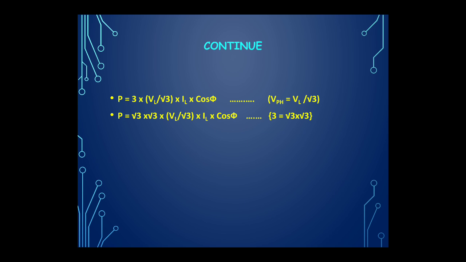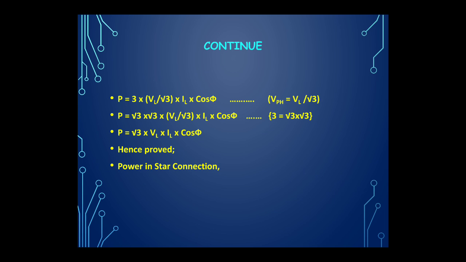Instead of 3 we can write root 3 into root 3, because root 3 into root 3 equals 3. So root 3 into 1 by root 3 cancel. From this equation P equals root 3 VL IL cos phi, or P equals root 3 into line voltage into line current into power factor. So that is the active power.